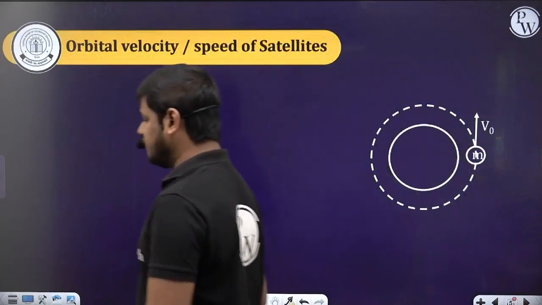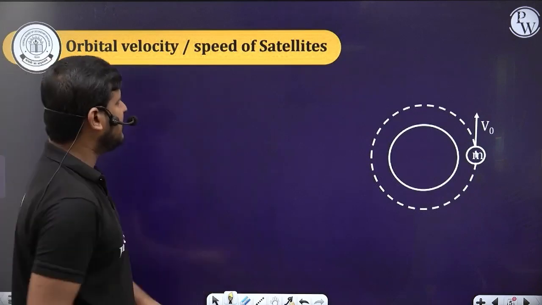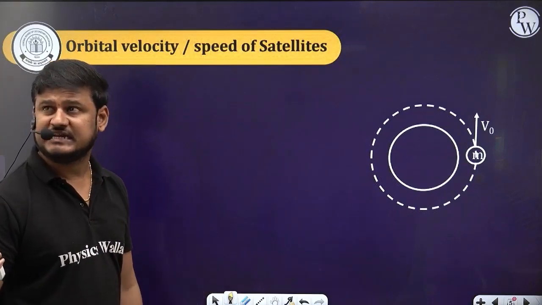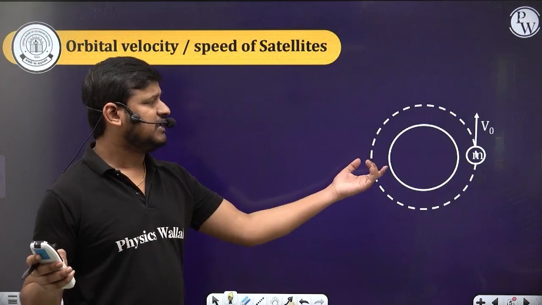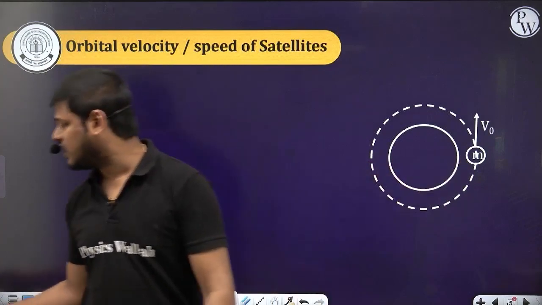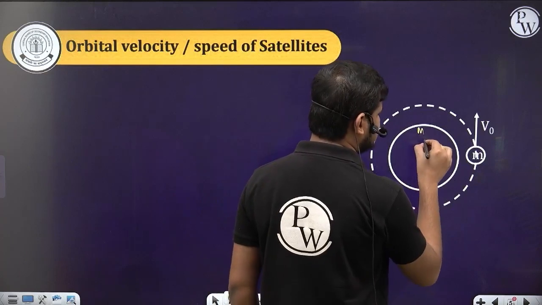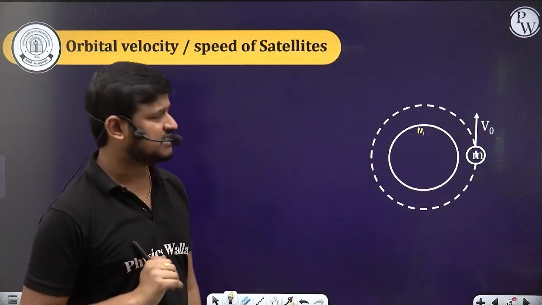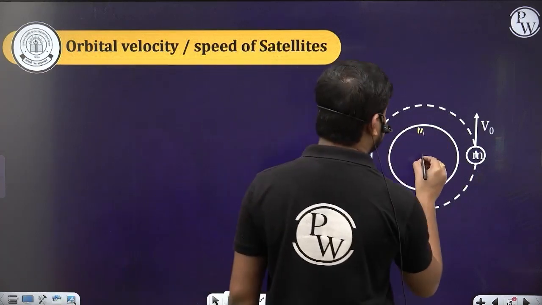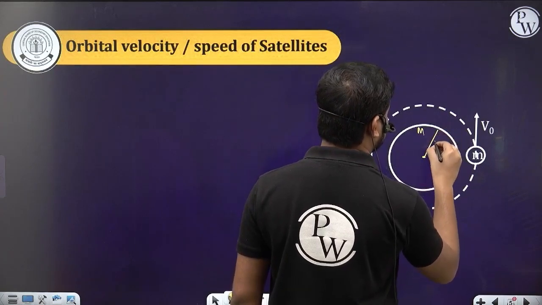So now let's go for what is orbital velocity, or the speed of the satellite. See, if any satellite is revolving around some planet whose mass is M, and let this planet have some radius r.